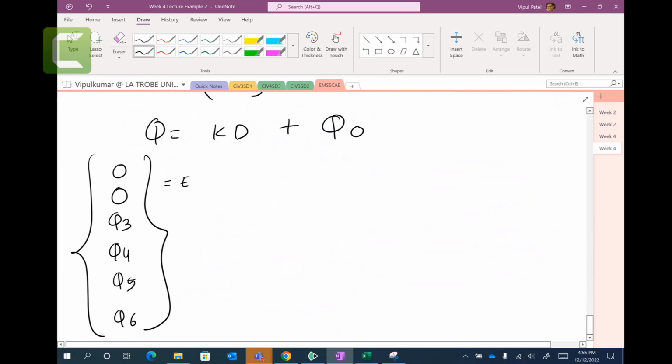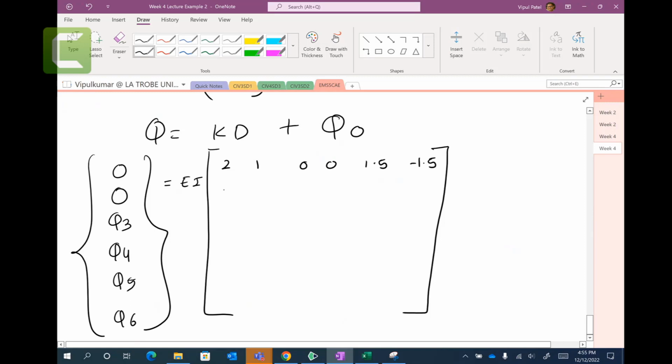It is equal to EI, and that would be a 6 by 6 matrix. 2, 1, 0, 0, 1.5, minus 1.5. 1, 2.67, 0.33, 0.167, 1.33, minus 1.5. 0, 0.33.